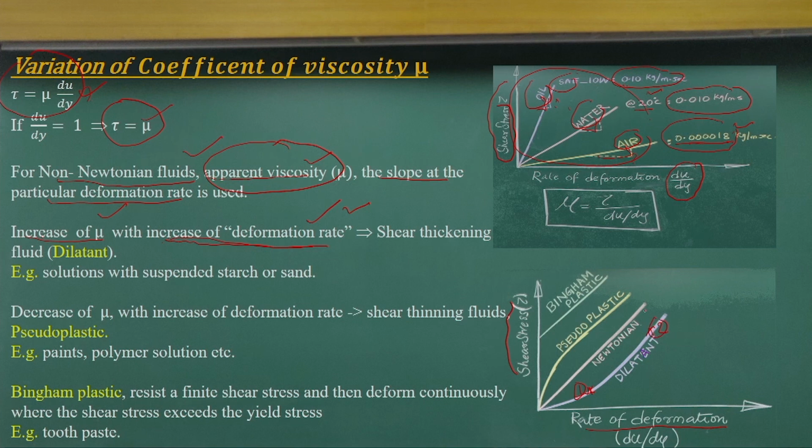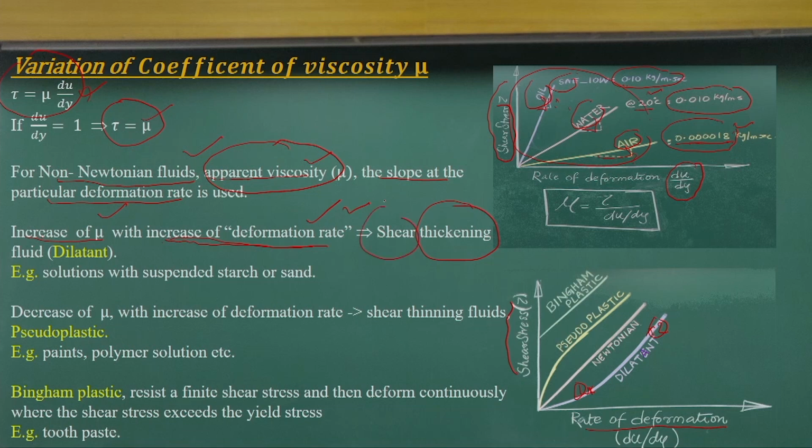As the rate of deformation increases, more shear force is required for one unit of deformation rate as compared to when it is at a low level. So, this is a thickening process.